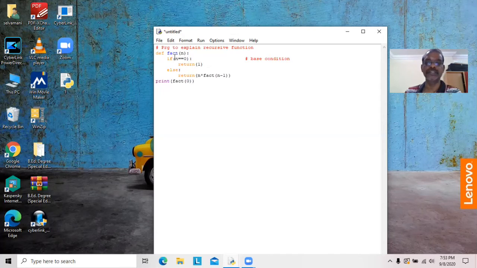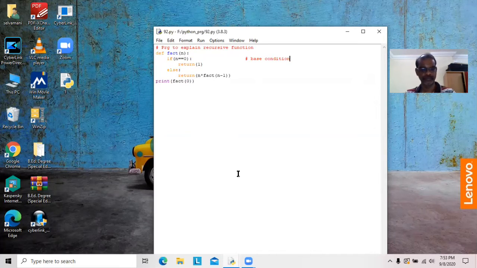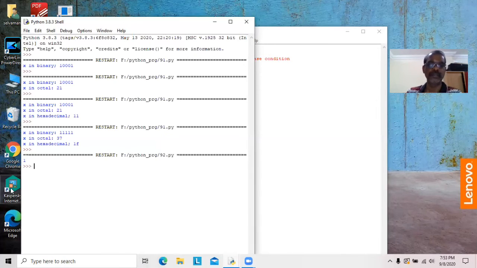Now the base condition is true, so return 1. It stops here itself. It gives only 1. See it here. It gives number 1 only.